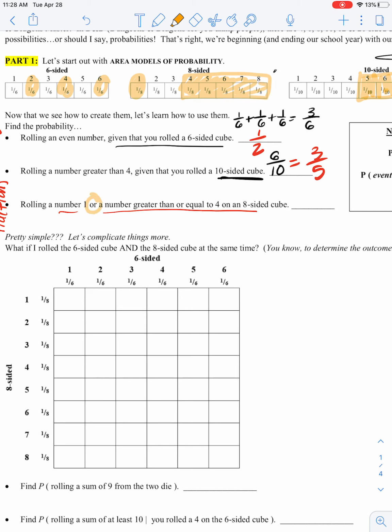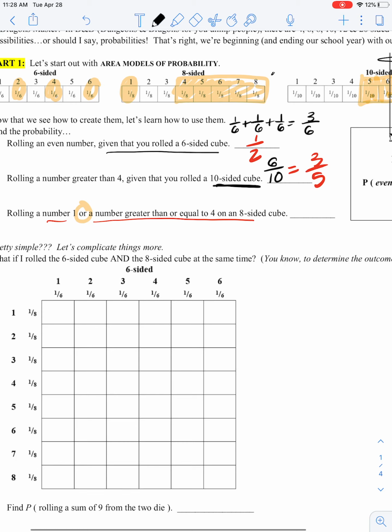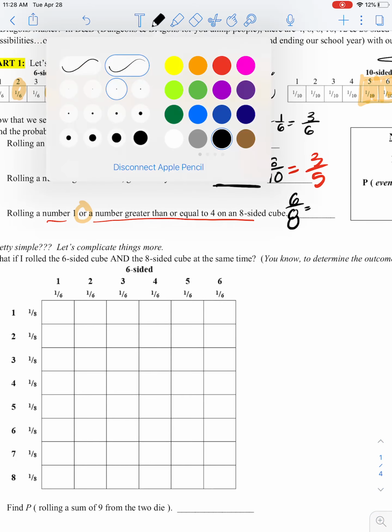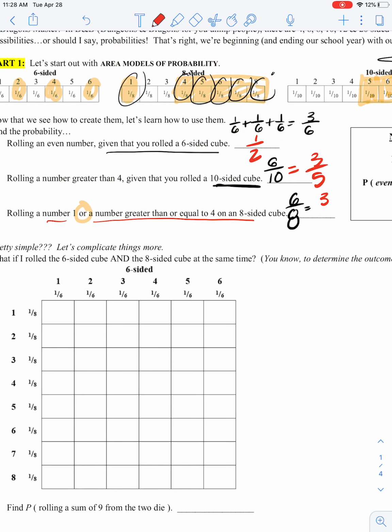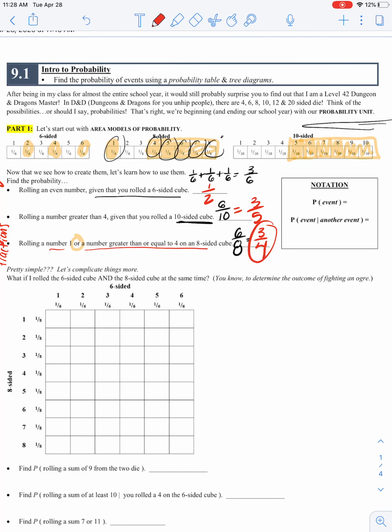So remember, when the word or comes into play, that means no matter either or means I would win or goes into my probability. So the numbers 1, 2, 3, 4, 5, 6, 6 out of 8 chances of rolling that event, which is 3/4.